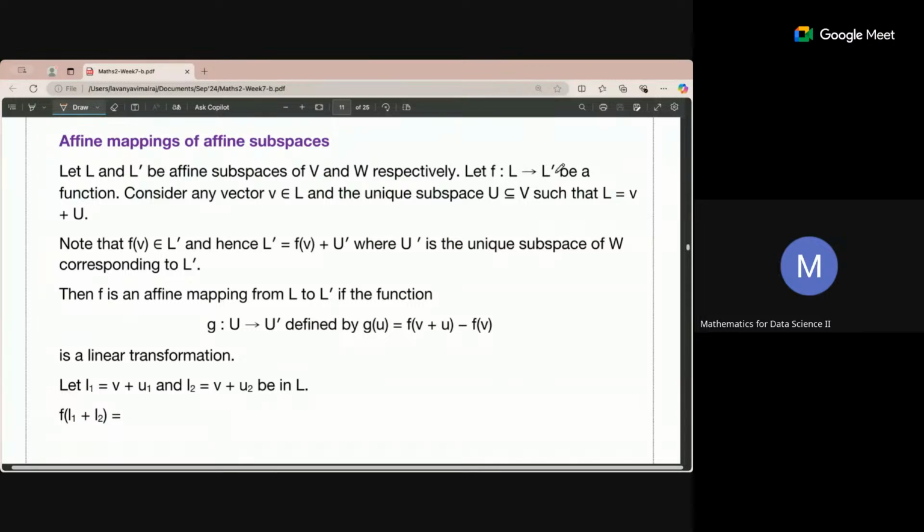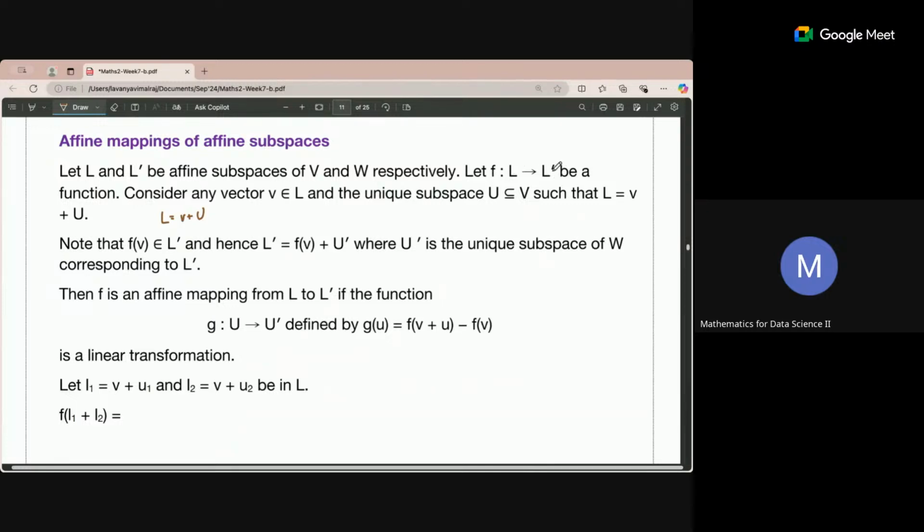These two are affine spaces, and they have this kind of representation. L is represented as V plus U. These are the corresponding subspaces of V and W. And for L dash, you want an element from L dash.